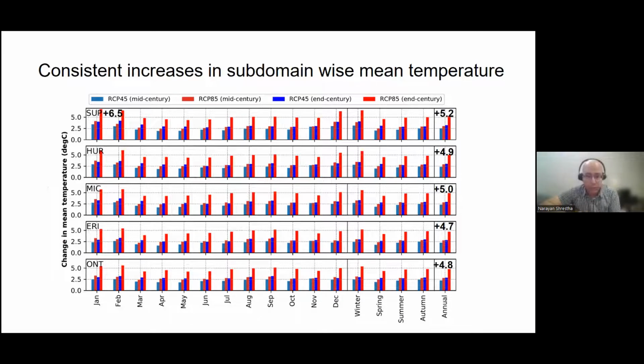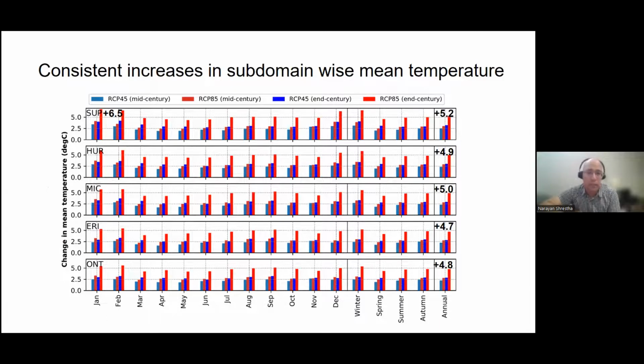So here, a similar plot in monthly, seasonal, and annual time scales. What we have observed is significant increases in mean temperature at different time scales. In the northern subdomains, the increases are higher than in the southern subdomains.